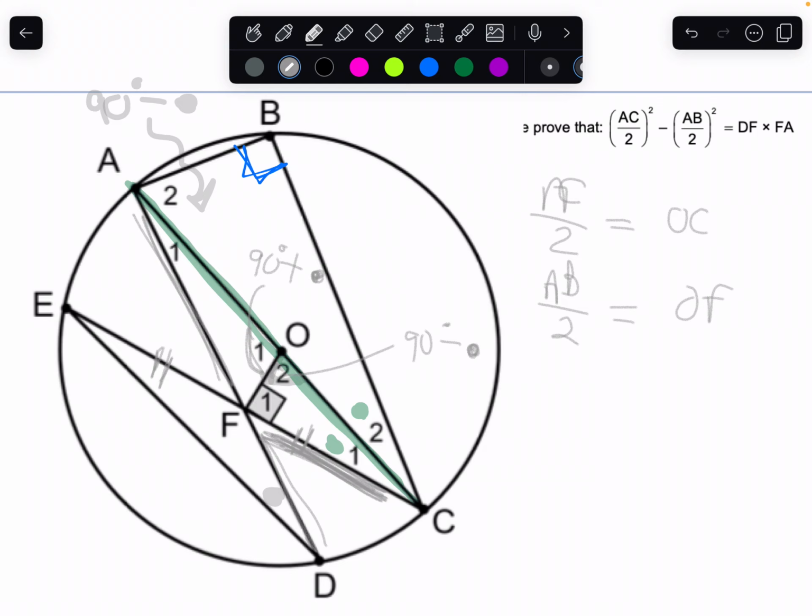And FC squared, well, FC times FC would be the same as FC times EF because these two are the same in length. So essentially we want to show that this line is the same length as that line.